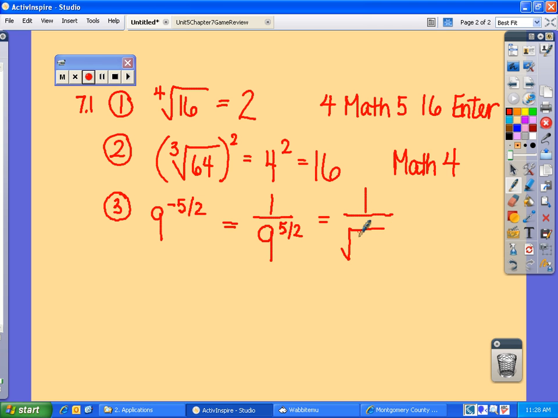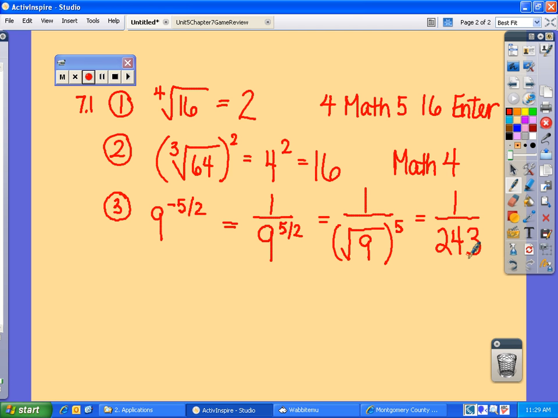So this could be rewritten as the square root of 9 to the 5th. You may use whichever of those representations is more comfortable for you. The square root of 9 we know is 3, and so we have 1 over 3 to the 5th, which is 1 over 243.